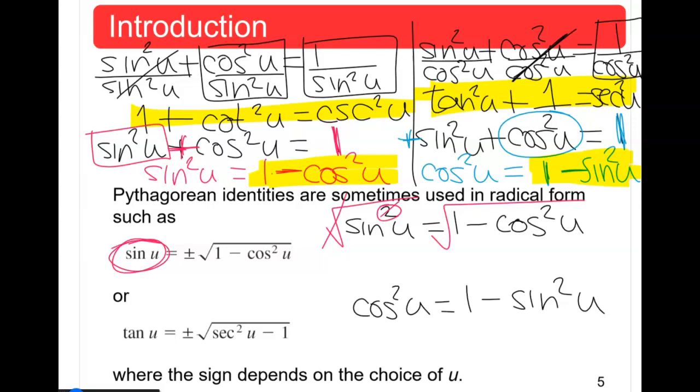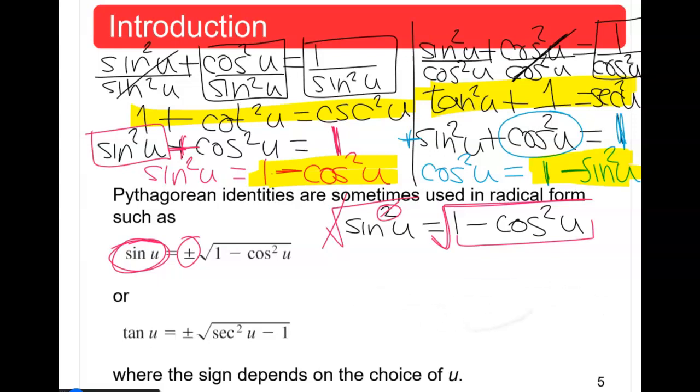So that's why we have sine of u. And that will equal the square root of the expression that we had before. Now, here, the plus minus indicates that your answer could be positive or negative. However, it will all depend on the choice of the angle u.